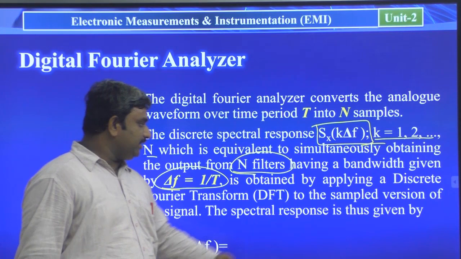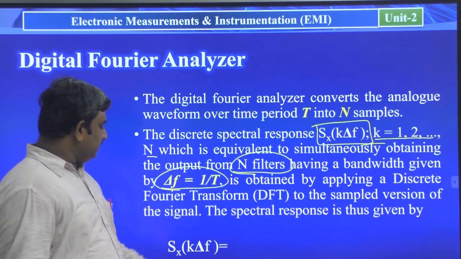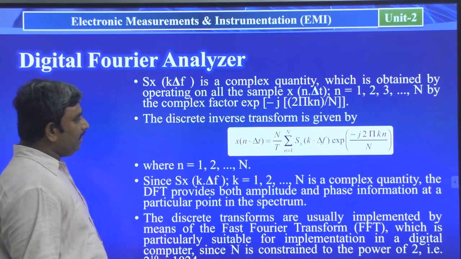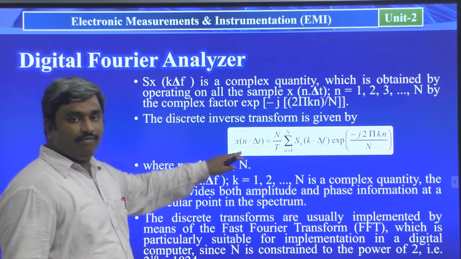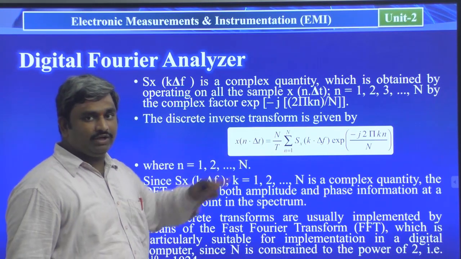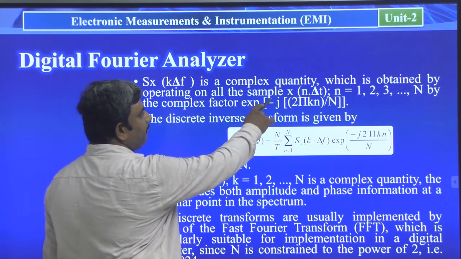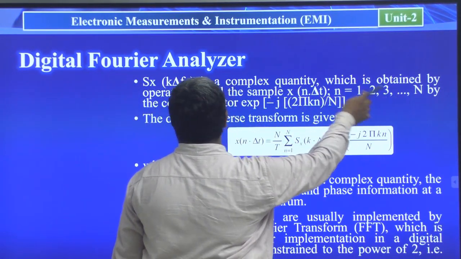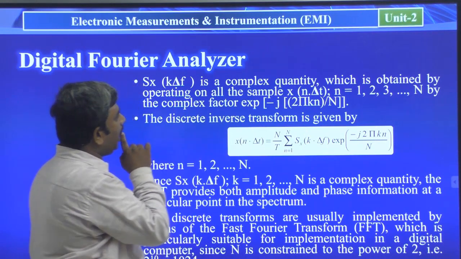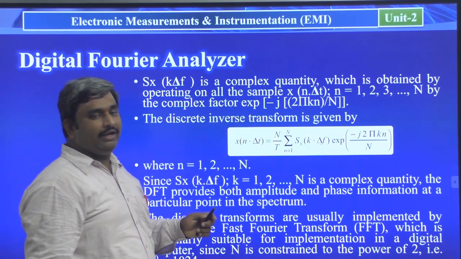The spectrum analyzer response is thus given by Sx of x of n into del t. Here Sx of kΔf is a complex quantity which is obtained by operation of all samples of x of n into del t.